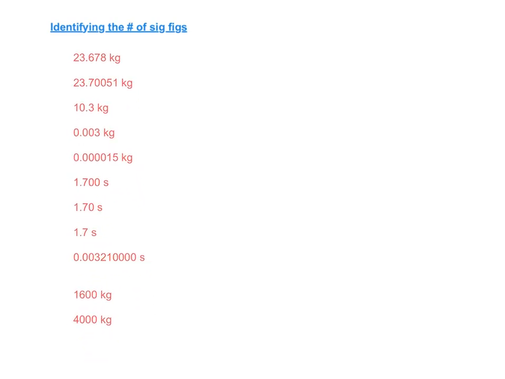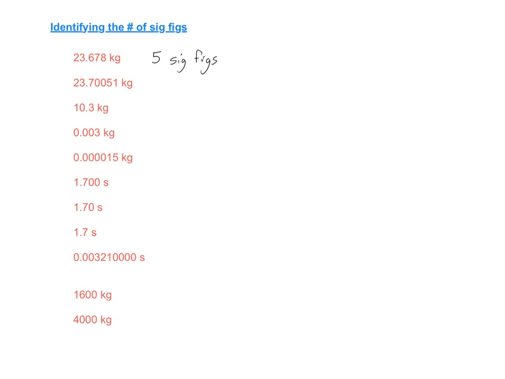Suppose I measure the mass of an object and I report it as 23.678 kilograms. In this case, there are a total of 5 significant figures. Each one of these digits here is significant.